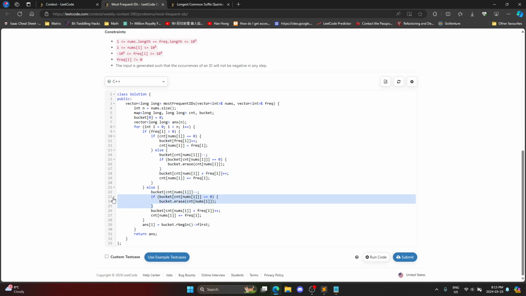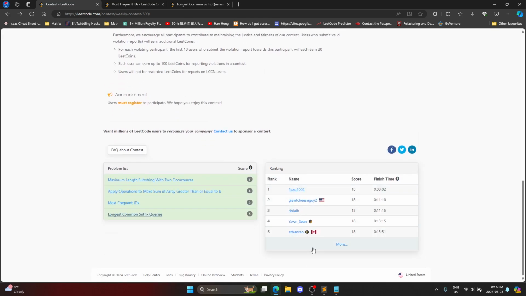I just have to make sure that whenever a frequency bucket is 0, I erase it, so that I don't try to get the highest frequency of nothing, which I got one wrong answer for.